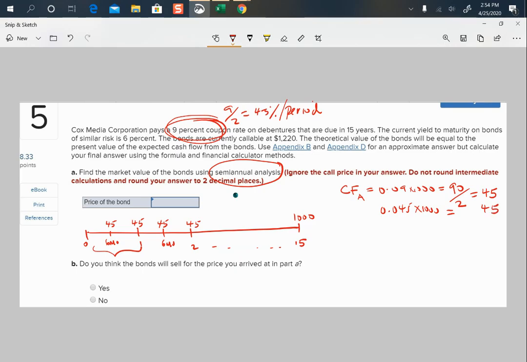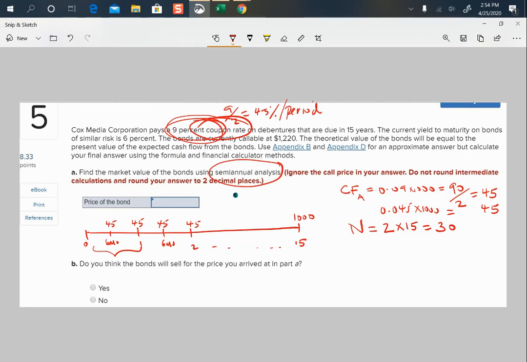Now, key takeaway: when it comes to determining the cash flow, we use the coupon rate to determine the cash flow. In terms of the other variable, the total number of periods, you take how many periods we have per year times 15, and this will give you a total of 30 periods.